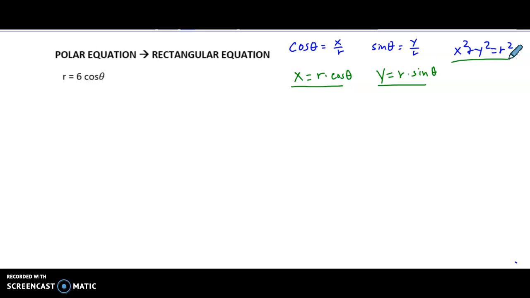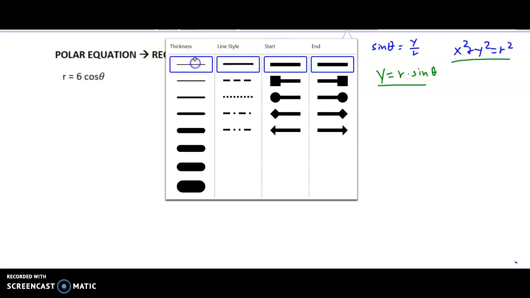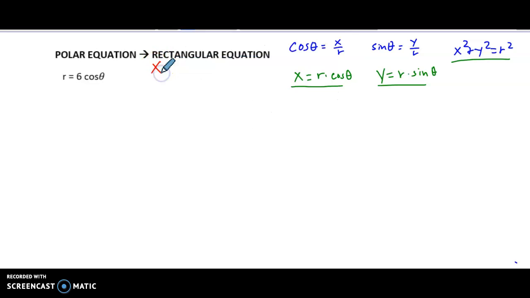Okay. So here's a polar equation, r equals 6 cosine theta, as our first example. Now when we convert from polar to rectangular, we need x and y, right? That's what rectangular means. We're trying to get rid of anything with an r or anything with a theta.